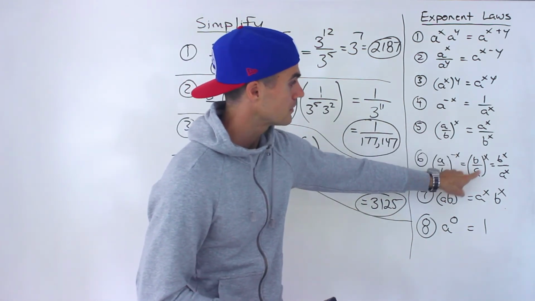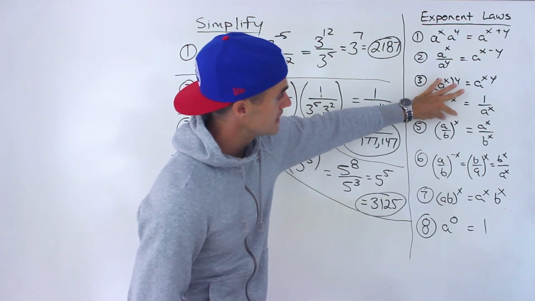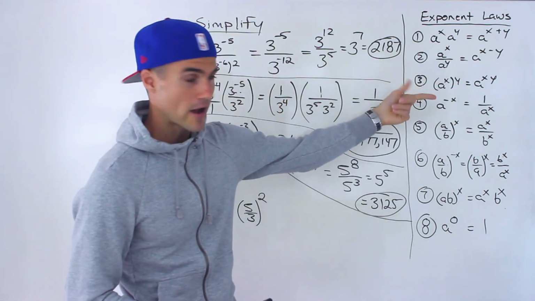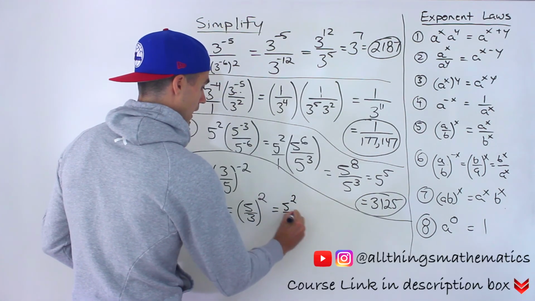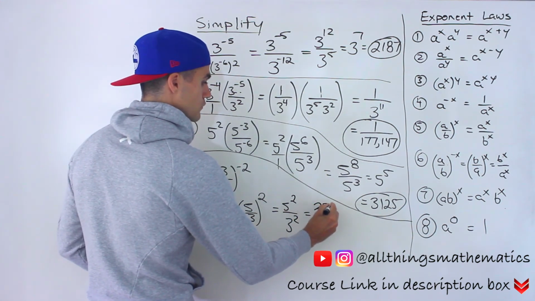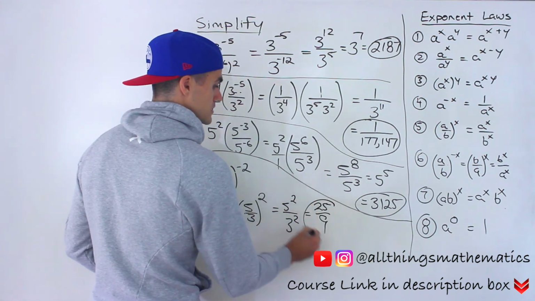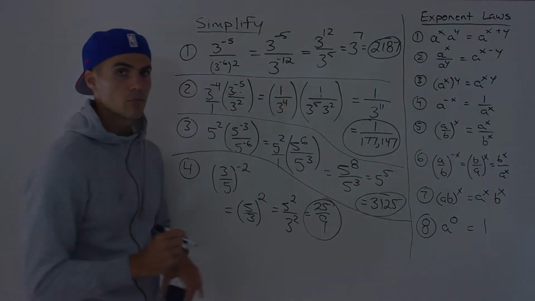And I also showed it here, how we distribute the exponent, but this is the original law. So we're going to take that exponent outside of the fraction and take the numerator to that exponent and the denominator to that exponent. So that would end up being 25 over 9. 25 over 9 doesn't simplify any further. So that's the final answer to number 4.